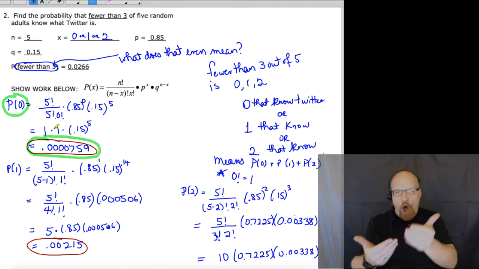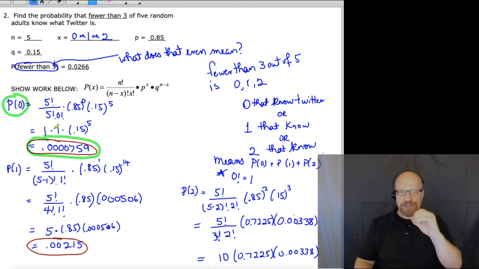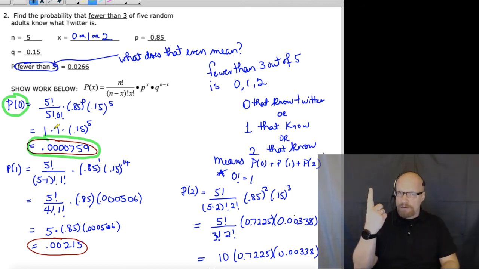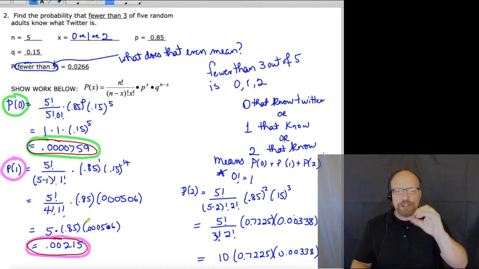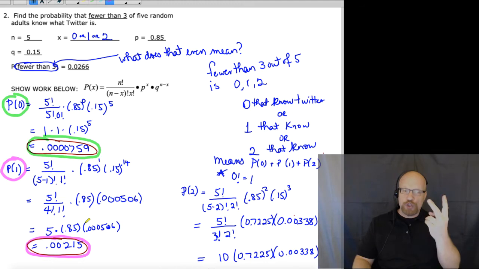Really, that's almost impossible. It seems 0.000759. It's 0.007%. Low chance. Probability of 1: 0.00215. Now the probability of 2.